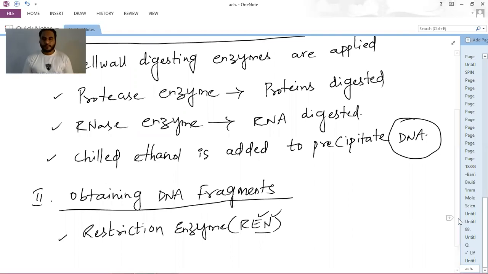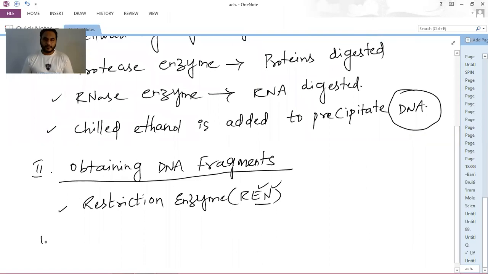Okay. Next, the third step is isolation of the desired DNA fragments.